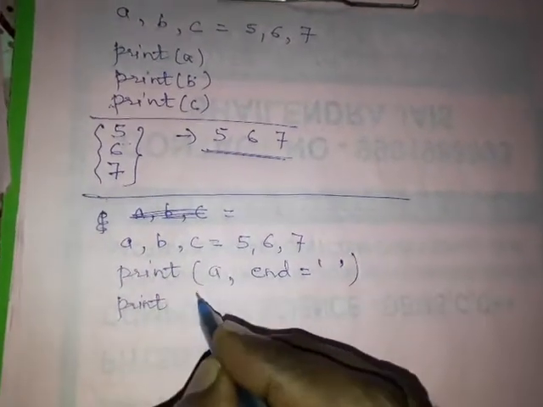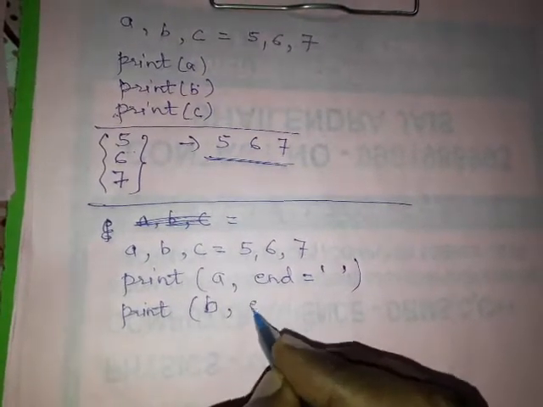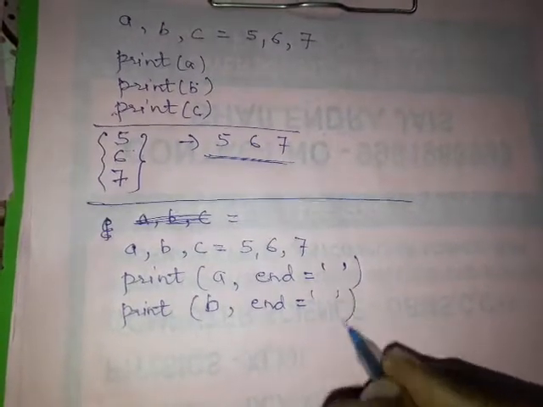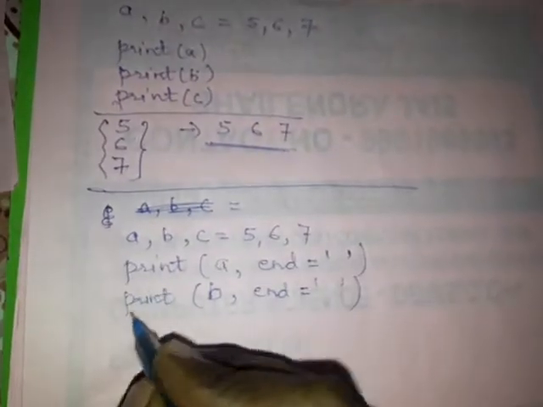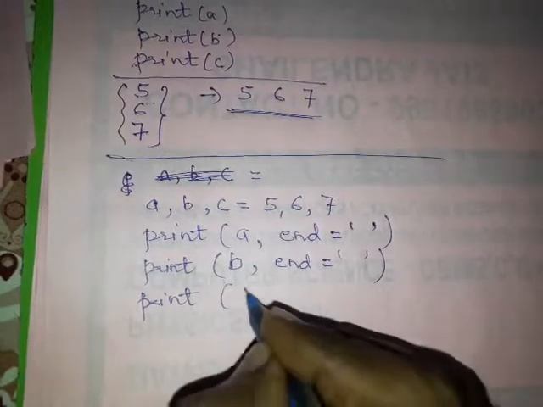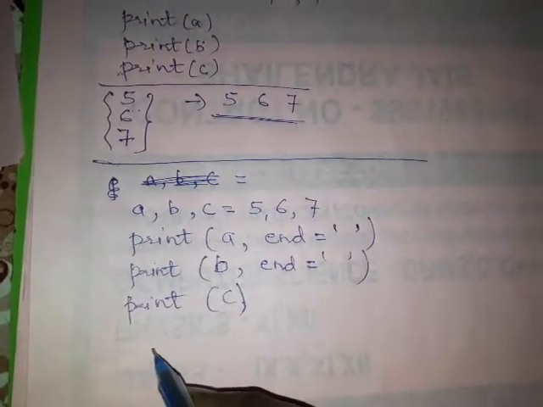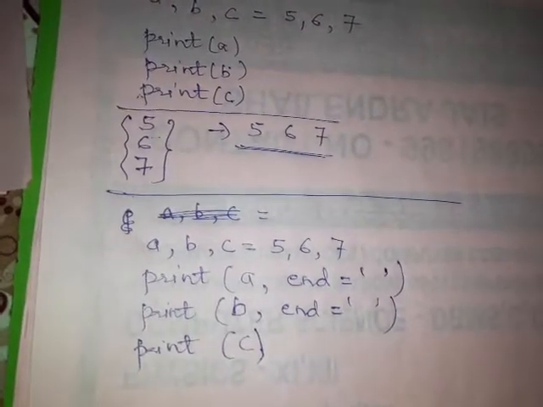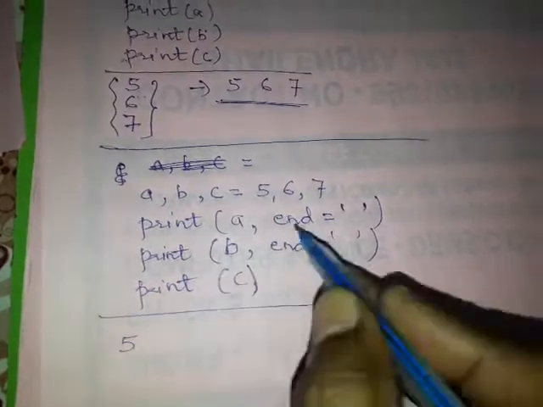Then again print b comma end equals to, then again space. After this no need to give end, simply write print c comma nothing, don't give anything. Only c.